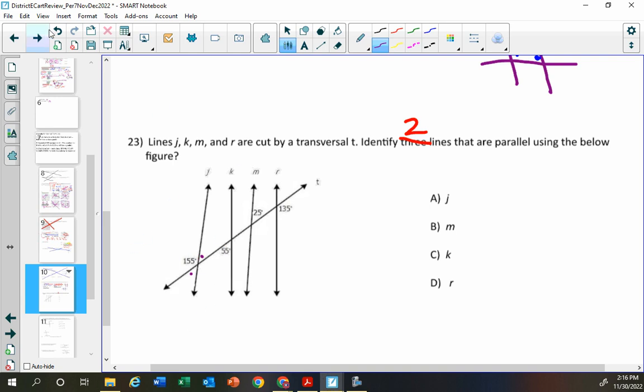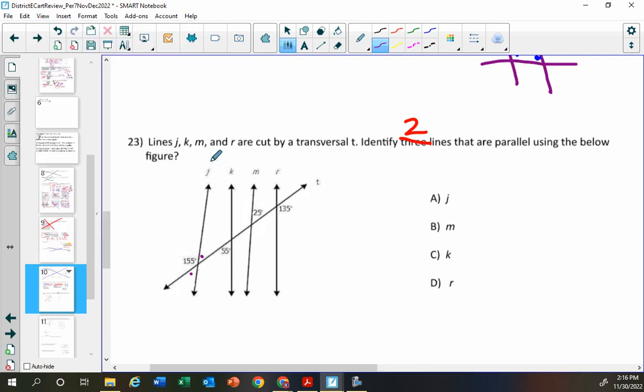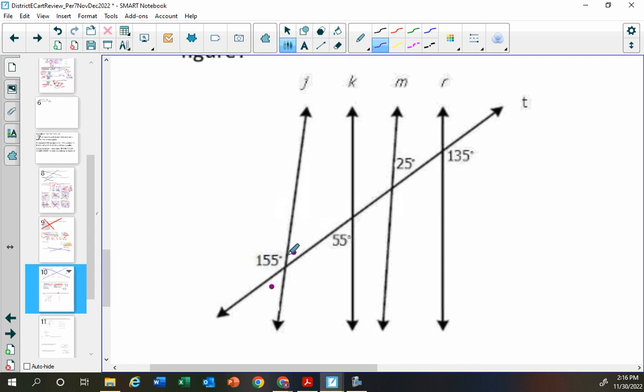I'm going to blow it up a little. Let's talk about the very first one. I have a 155. This is given to you. It's going to be 25. Yup. It's 180 minus 155. That's how you get that angle.